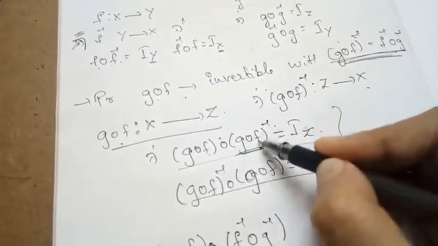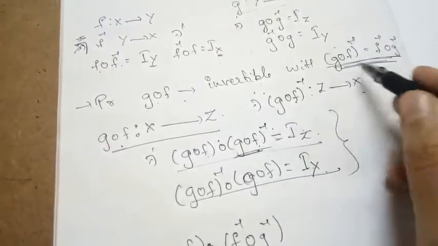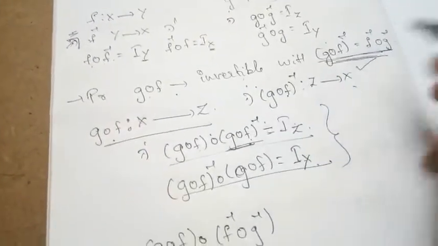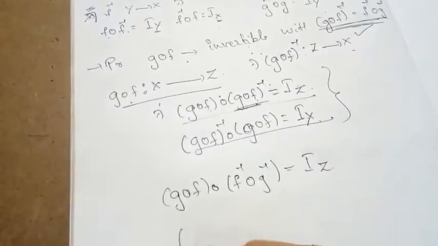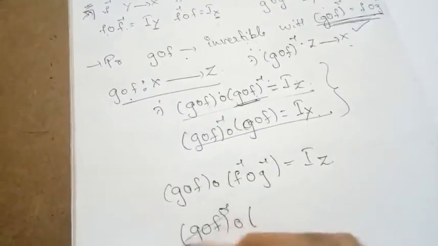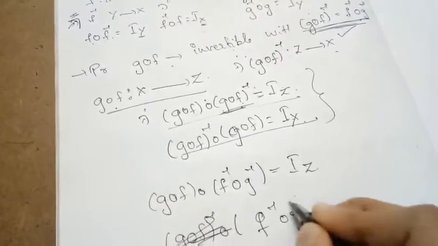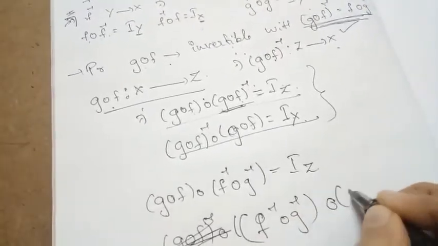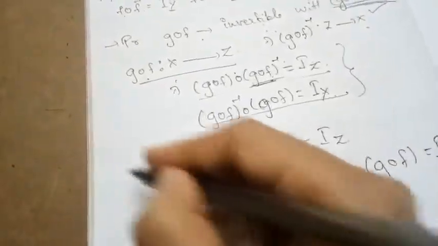So in the invertibility condition itself, if I replace (g of f) inverse with f inverse of g inverse, then along with invertibility this equality is going to hold. So g of f of (f inverse of g inverse) is equal to I_Z, and (f inverse of g inverse) of g of f is equal to I_X. So we need to prove this.